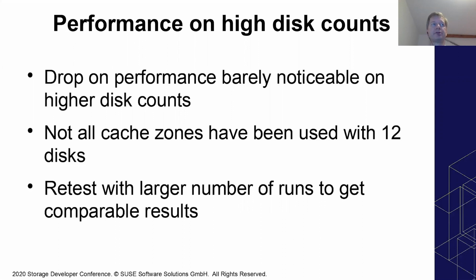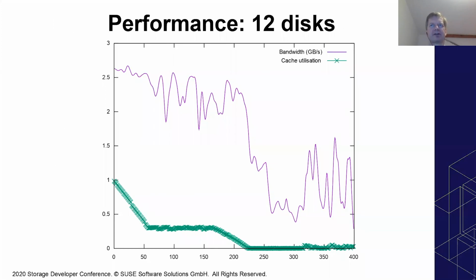And what we really wanted here was to test how the system behaves after all zones have been used up. Which means we would need to do a retest here with a large number of runs to get comparable results and to figure out how the system behaves in the long run with a large number of disk counts. And this is the graph we have, which again is quite similar to what we've seen on the previous slides.